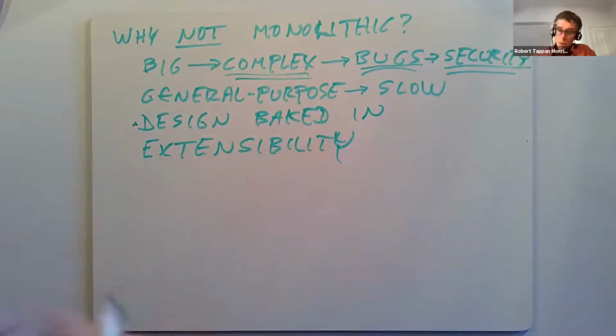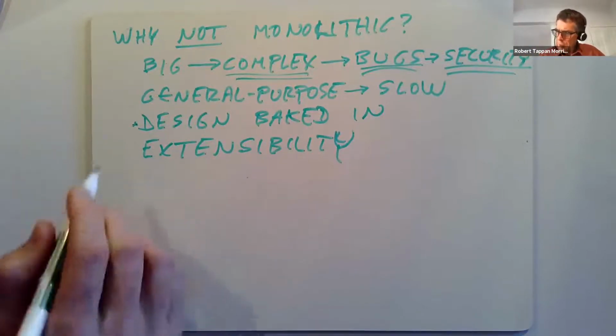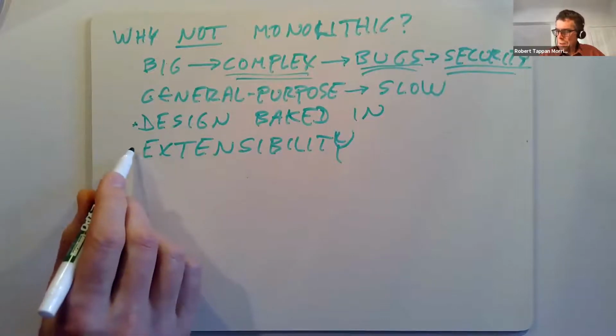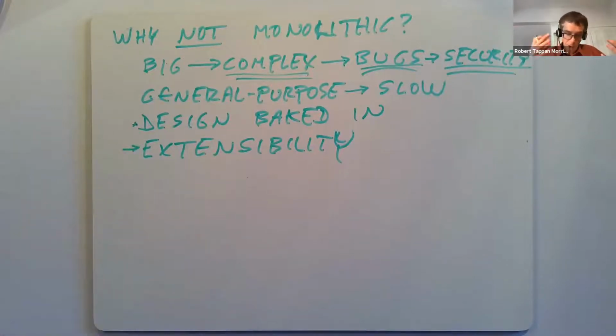It might be desirable for programs to be able to change the kernel on the fly, to be able to download new code into the kernel or change the way it operates, in order to do things like have databases control the layout of data on the disk. And at least in decades past, monolithic kernels tended not to have any particular features that helped with this kind of extensibility. You're just stuck with whatever the kernel did.